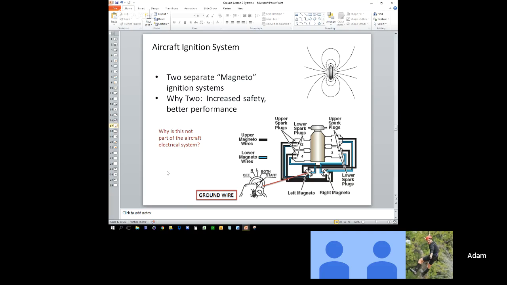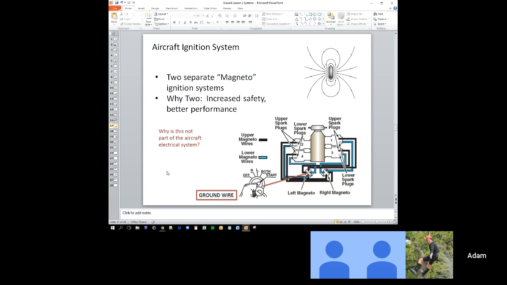Now, the left-right question is a good one. You will not typically, I say typically because you've got to read your operating manual, be running your engine in left mode or right mode while you're flying. Those selectors are there so that when you're on the ground, you can test them independently of one another to ensure that they are both working.